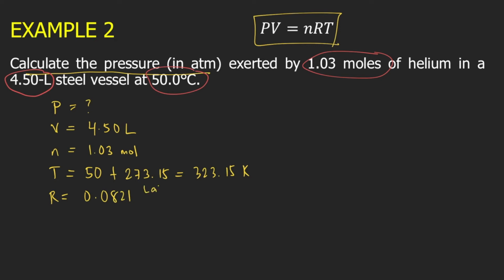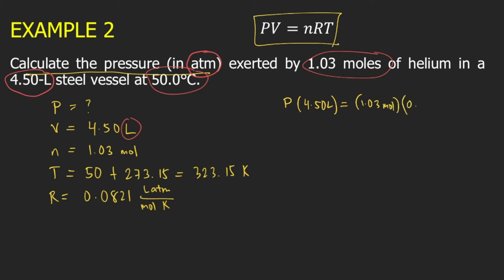And then for R, we will be using 0.0821 liter atmosphere per mole Kelvin because our volume is in liters and the pressure being asked must be in ATM. So it's more convenient to use the 0.0821. Now let's substitute the numbers into the equation. So P is unknown, so just write P. The volume is 4.50 liters equal to N, 1.03 moles.